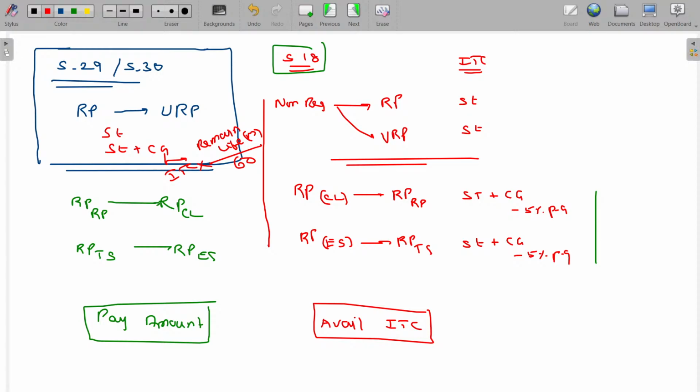Clear? Not only that, regular to composition taxpayer, in these two cases.